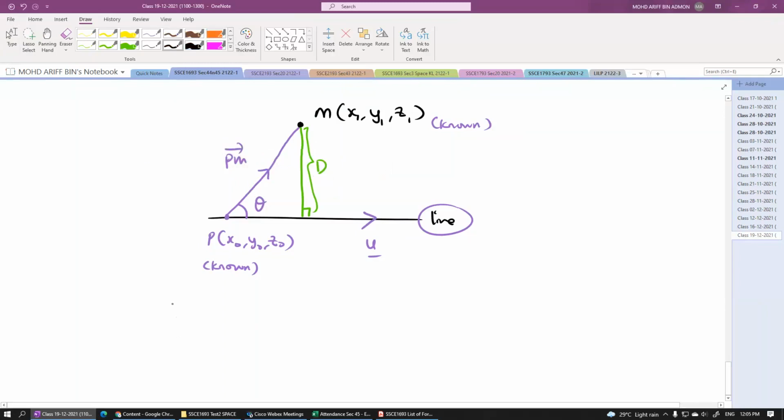Sin theta. Okay, we use sin theta. Sin theta equals opposite over hypotenuse. Opposite is D. How about your hypotenuse? PM. Are you sure this is correct?